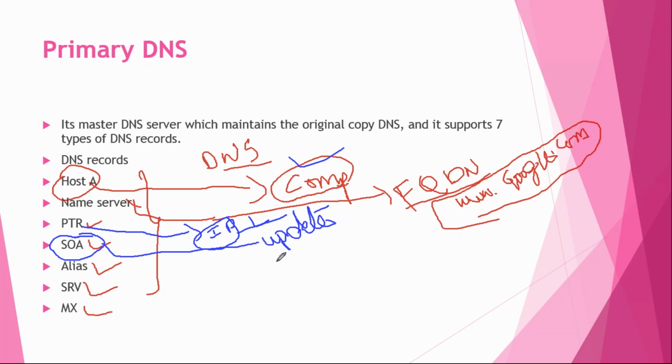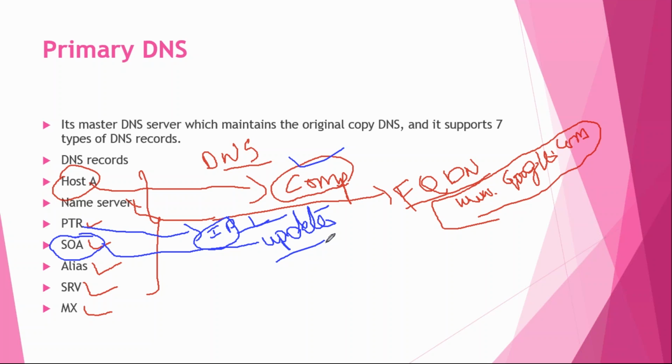It also maintains time sync. Updates like how many clients have been added in the network. Any updates, that's what start of authority is doing. Time synchronization between server and client. That job is done through start of authority.